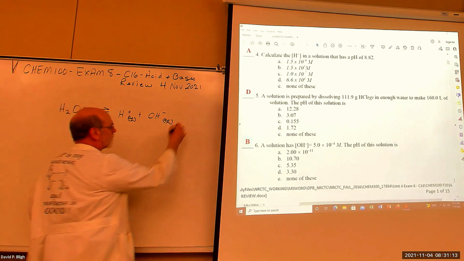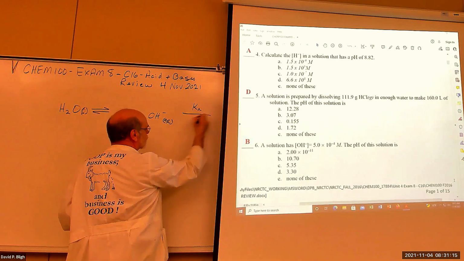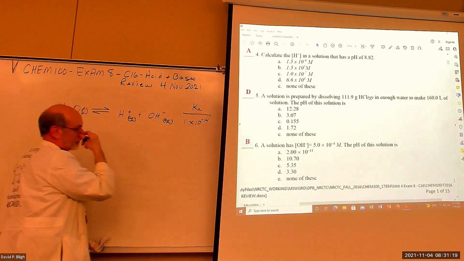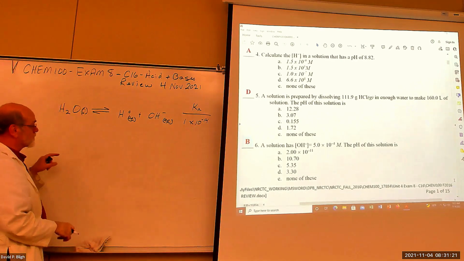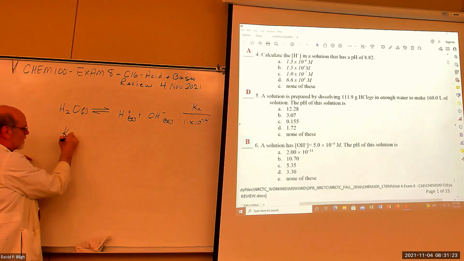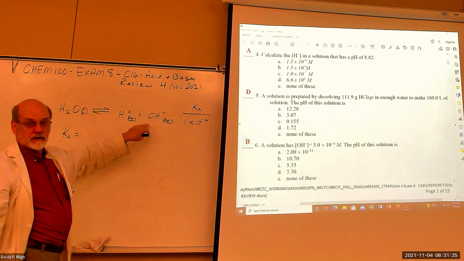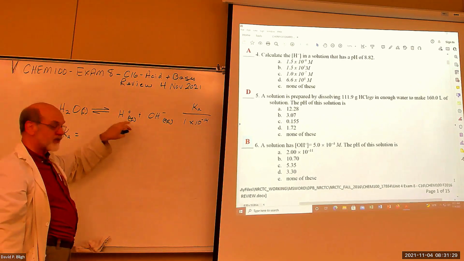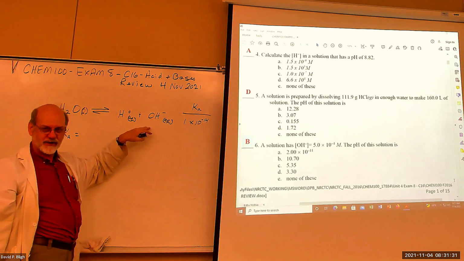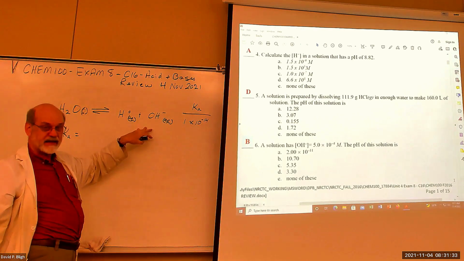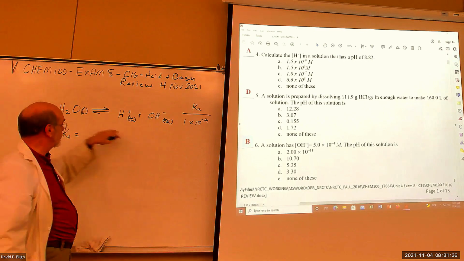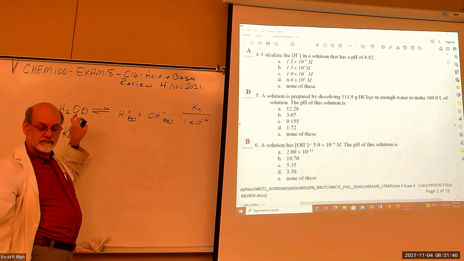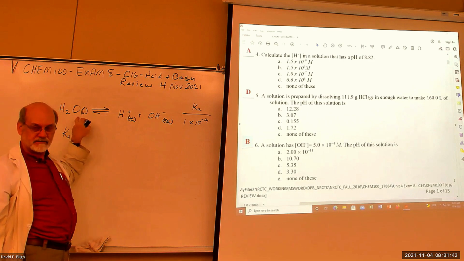And in pure water, the Ka for that solution is 1 times 10 to the minus 14. Remember our expression: Ka is equal to the product of the product concentrations at equilibrium divided by the concentration of the reactants.